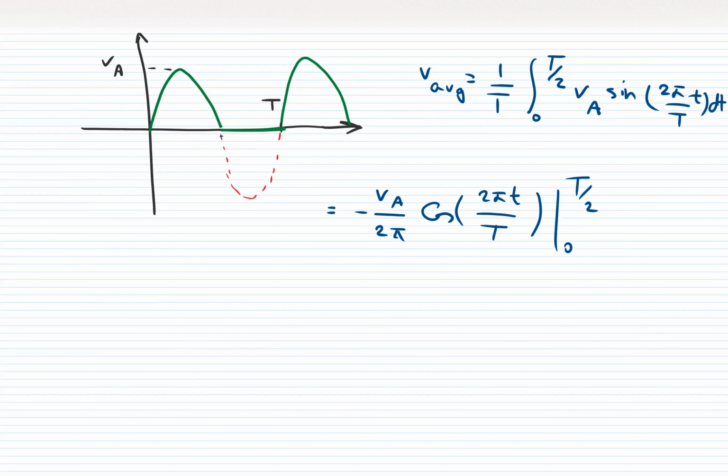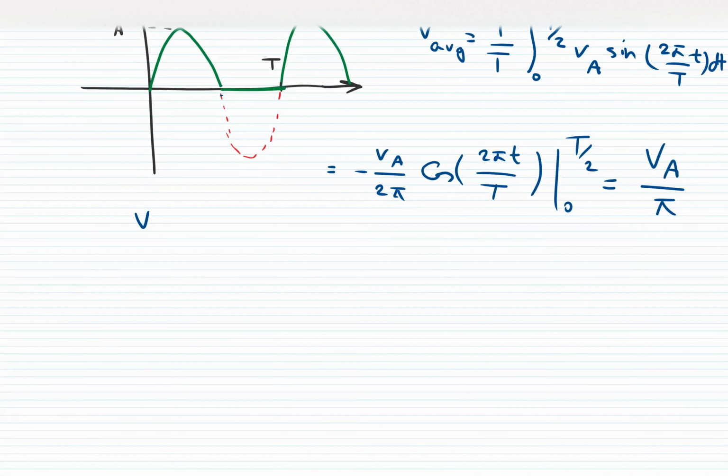If we calculate this term, the answer is VA over pi. So V average for this signal is VA over pi.